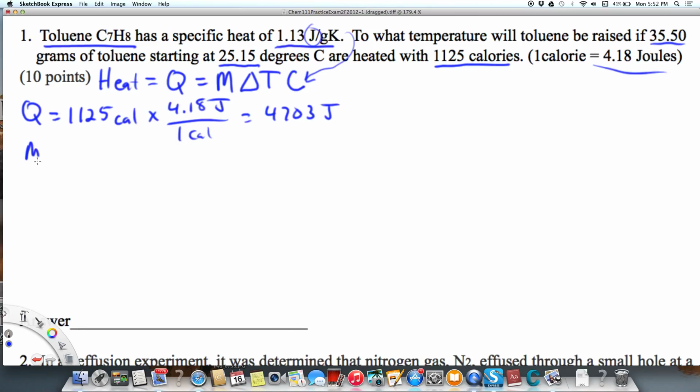Okay, the mass, we know what the mass is. That's 35.50 grams. And C, that's our specific heat. That's 1.13 joules per gram per Kelvin. And in this case, we could substitute degrees Celsius for Kelvin. And so what we're looking for really is the change in temperature.